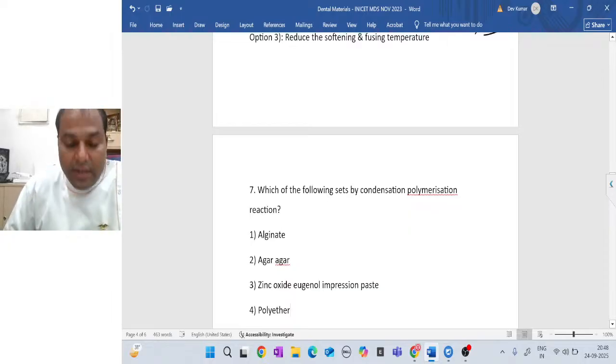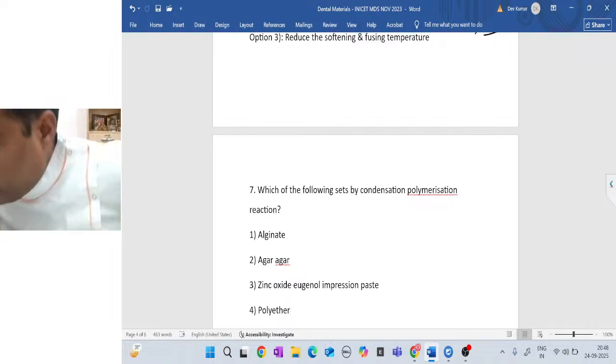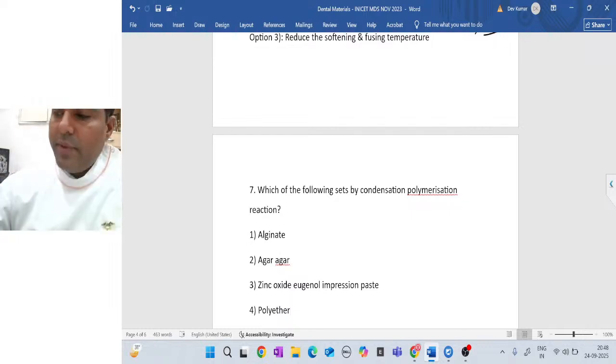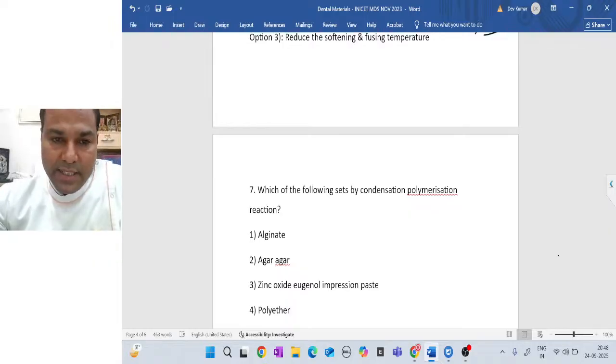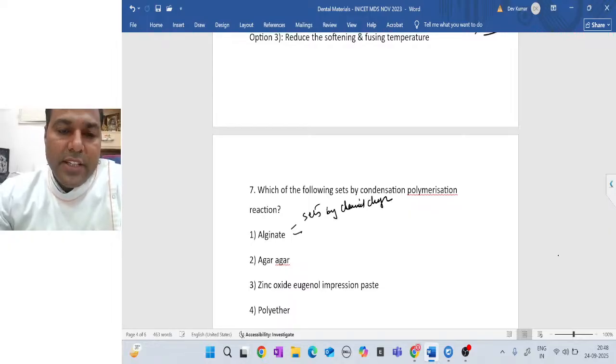Which of the following material sets by condensation reaction. Okay, अब see, अब alginate again, alginate sets by a chemical change. We all know that alginate, sodium alginate reacts with, for example, calcium sulfate.